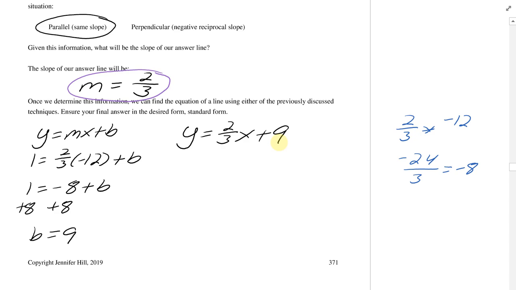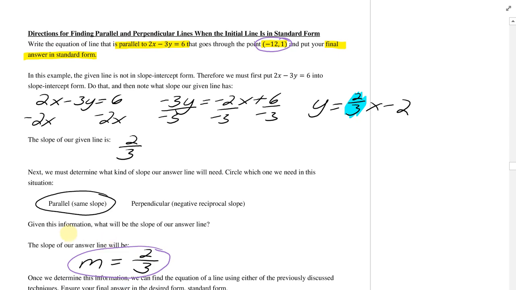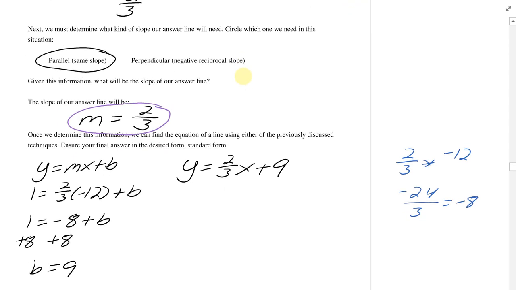Am I done? No. Now you've got to reread the problem again. Remember, we wanted our answer in standard form. I even remind you down here, I say standard form down here as well. So we have to now get this into standard form. So first things first, I'll go ahead and subtract off the 2/3 x. If you wanted to get rid of the fraction first, that's fine too. Doesn't matter which order you want to go with.